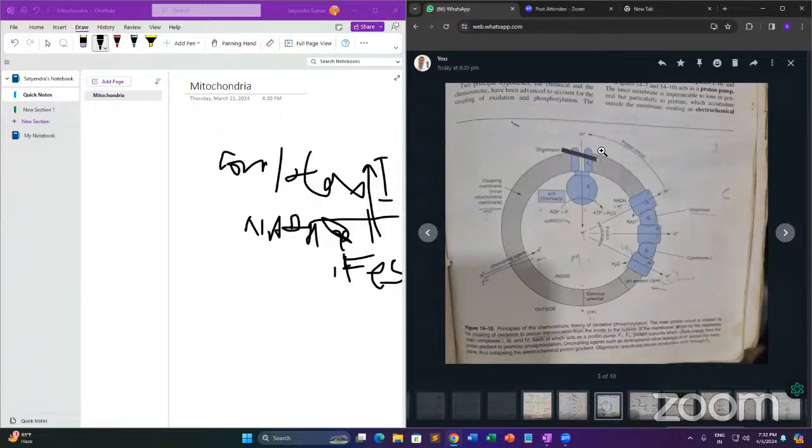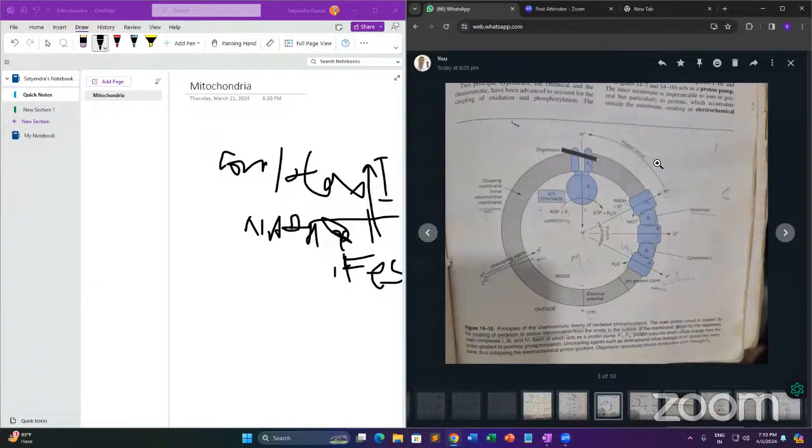When the movement of protons takes place from the matrix to the inner membrane space, nearly 10 protons move as the reducing equivalent 2H is produced by the dehydrogenase enzyme. And 10 protons means a decrease of 1 pH.